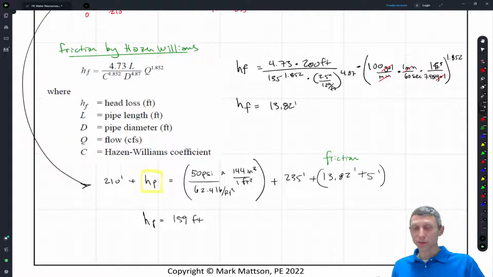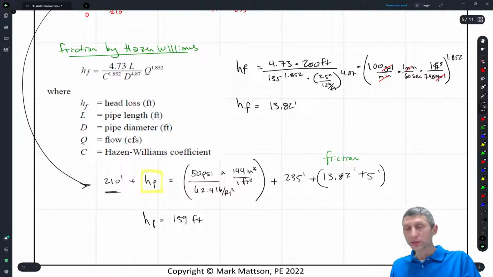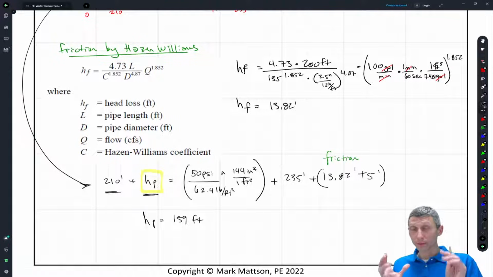So not sure exactly where we left off, but the biggest thing that we're doing is we're just plugging and chugging into the energy equation, right? So as we plug and chug, we have the elevation at the first point. We have a pump pressure at the second point, or the pump pressure that we have to provide.